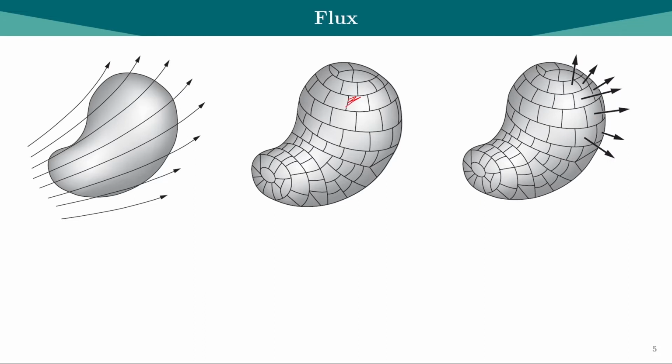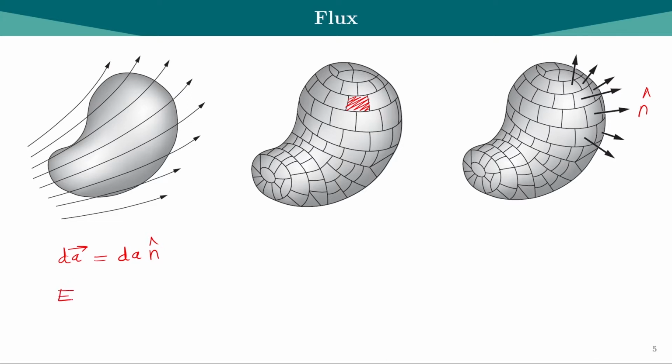The area of the patch has a certain magnitude in square meters. Also, the patch has an outward pointing normal n hat to its surface as shown. The elemental area vector can be defined as dA equal to dA times n hat, where dA is the area of an elemental patch.